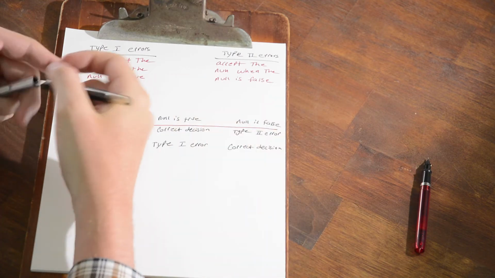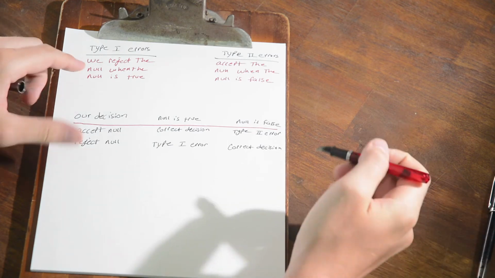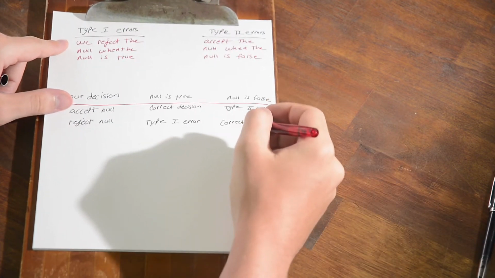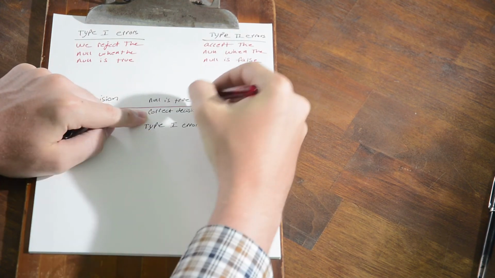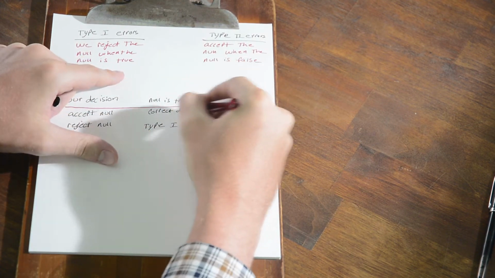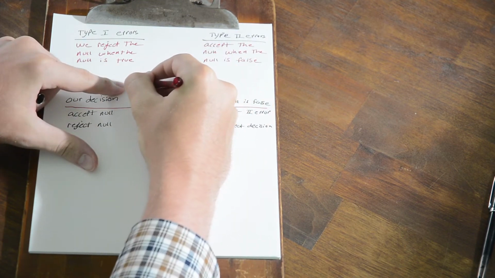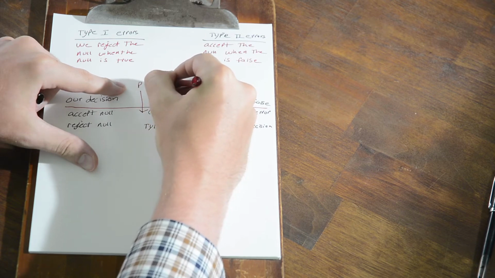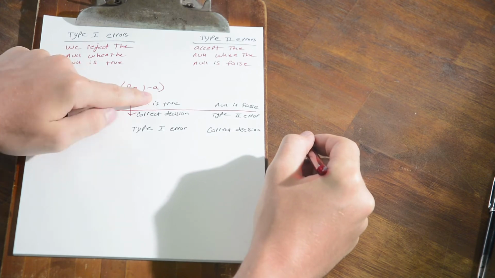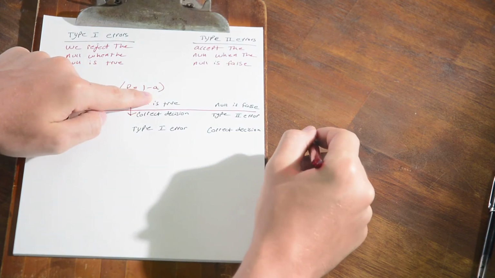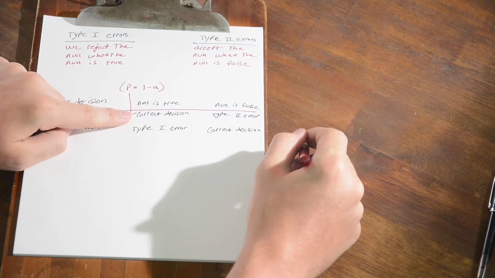Now, there are formulas for calculating each of these. We'll go ahead and put this in red. For our correct decision up here, the probability is equal to 1 minus alpha, which is essentially saying that 1 minus whatever our significance level is, typically 0.05, is the probability of getting this correct decision.